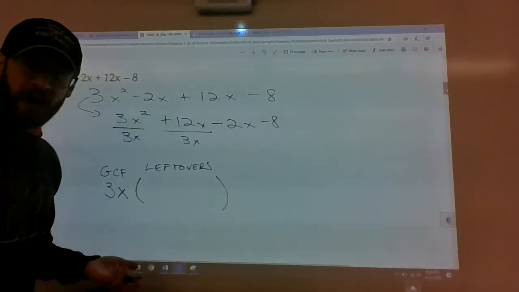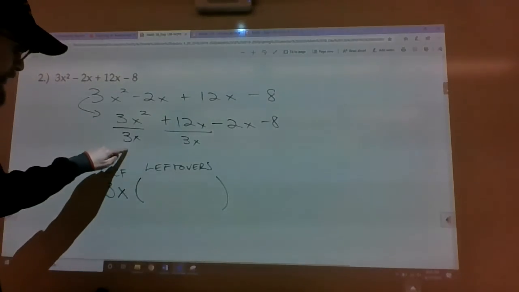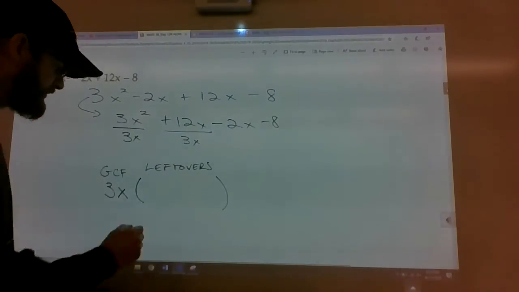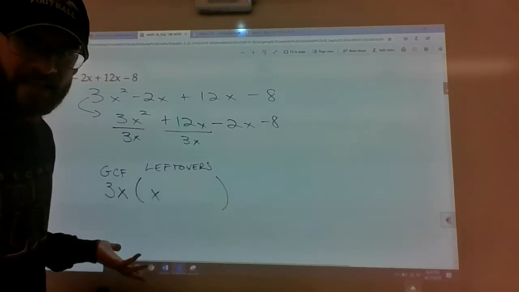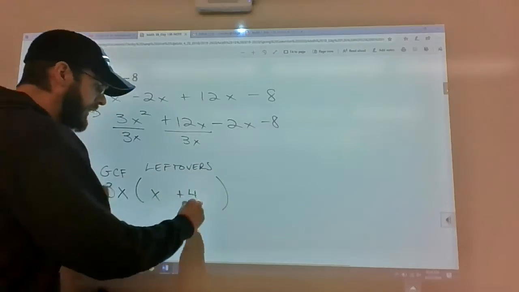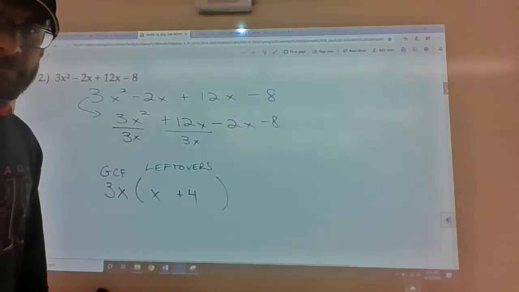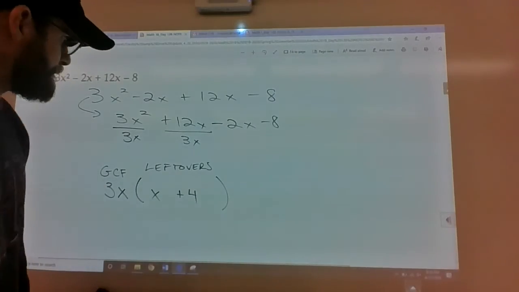So you can actually divide and put your leftovers in the parentheses like this. 3 divided by 3 is 1. x squared over x is x. So it's 1x. And I'm just going to leave the x blank like that. 12 divided by 3 is positive 4. x over x cancels out. So I didn't do any prime factorization, and I've got my first group.